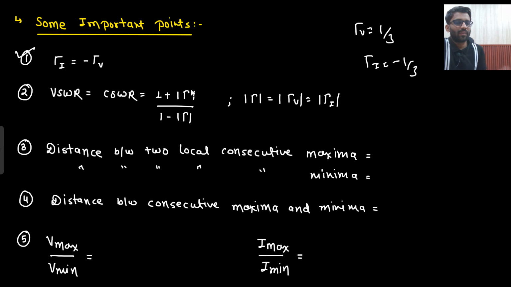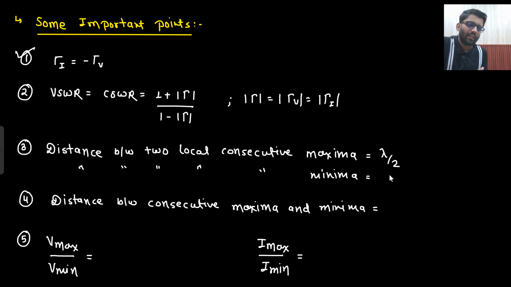But if I calculate mod of gamma, both will be 1 by 3 only. The distance between two consecutive maxima is lambda by 2. The distance between two consecutive minima is lambda by 2. And the distance between a maximum and the adjacent minimum is lambda by 4. These are the general results which will always be applicable.